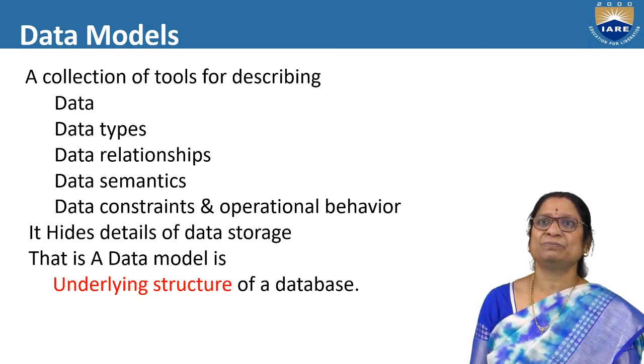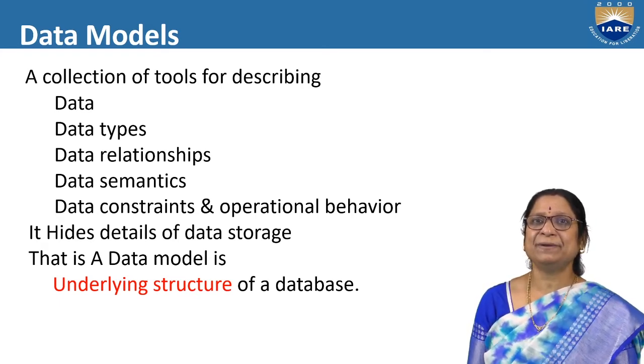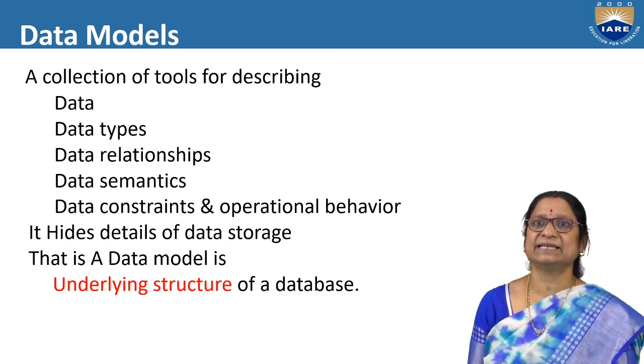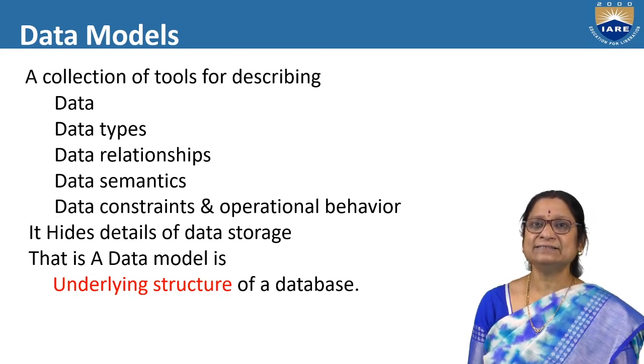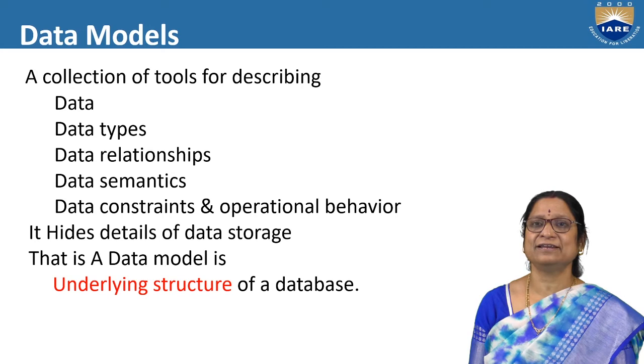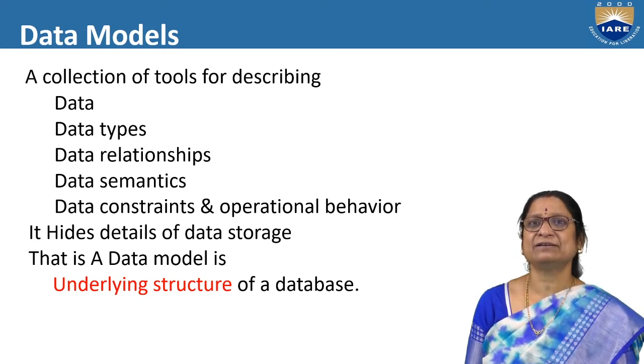All these are described through data models, which are a base for our database construction. That means the data model hides most of the details of data storage from various groups of users. That is, a data model is the underlying structure of a database. We should use the words underlying structure: internally, it is a base for the development of our database.